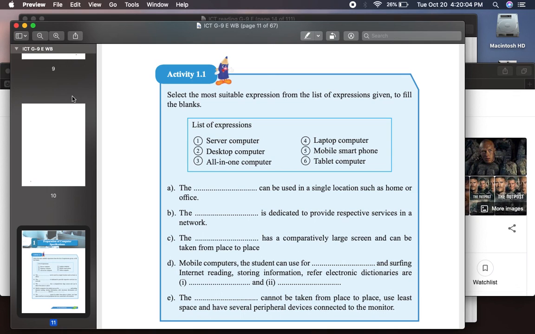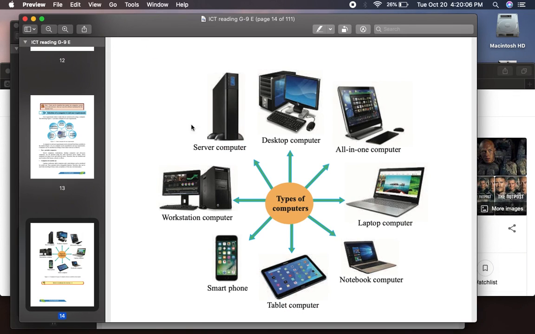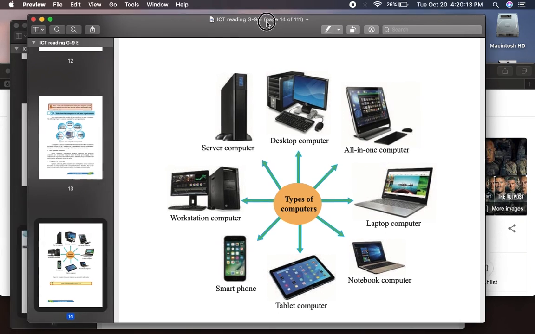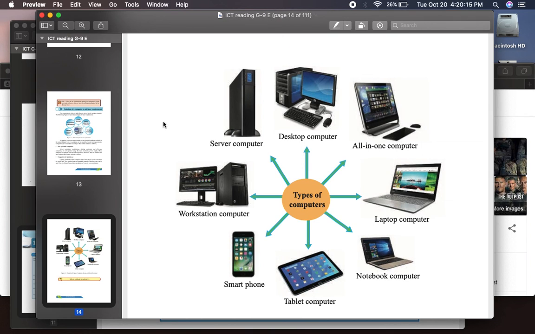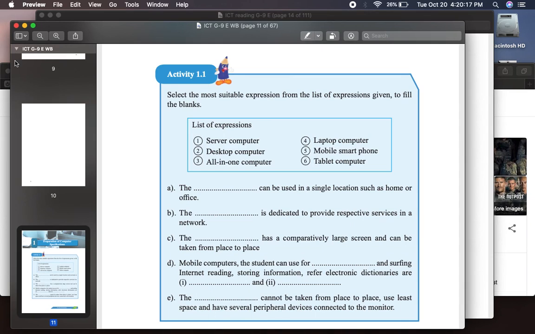So in that context, we can imagine or assume that they're talking about a server computer. So for B, the server computer is dedicated to provide respective services in a network.